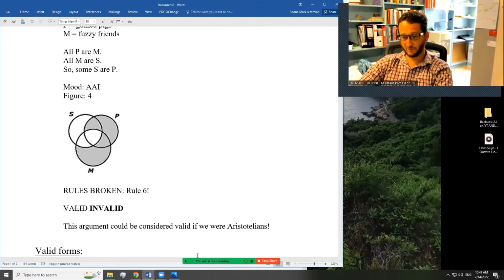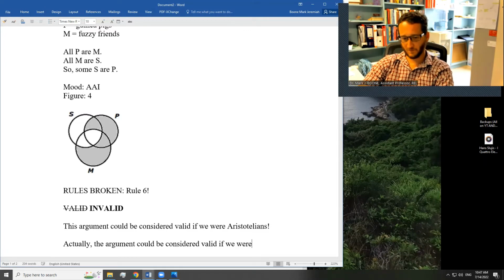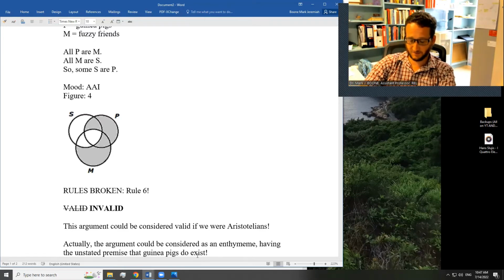Or you could go further and say that the argument could be considered an enthymeme, having the unstated premise that guinea pigs do exist.